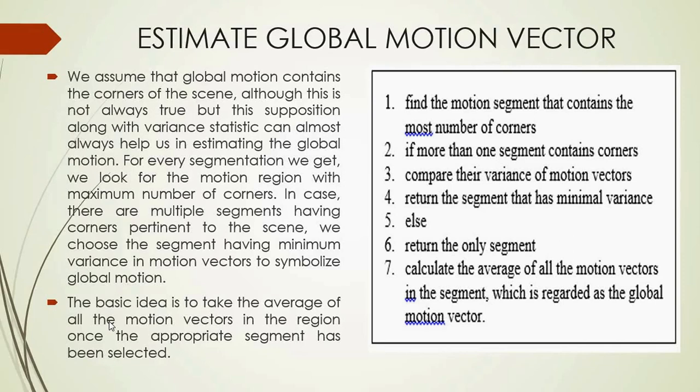In case there are multiple segments having corners that are important to the scene, then we choose the segment that has the minimum variance in motion vectors, so that it symbolizes the global motion. Then the basic idea is to take the average of all the motion vectors in the region once the appropriate segment has been selected.